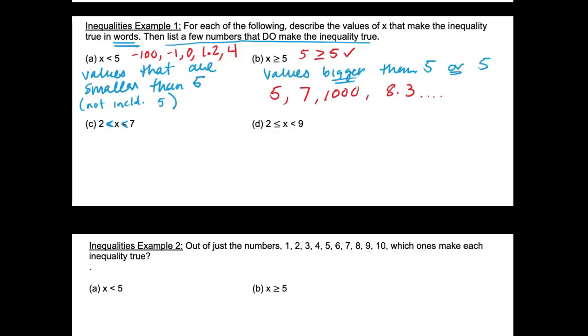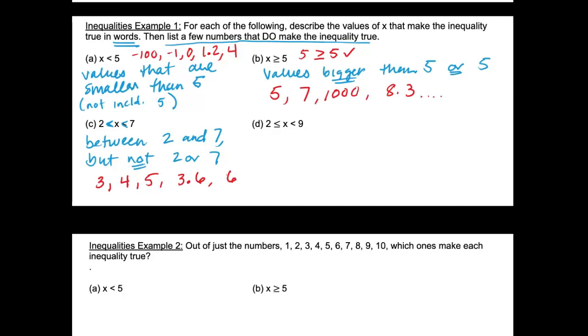So really what this means is it's between 2 and 7, and we're not including 2 and 7 because we don't have the line underneath the sign. So don't include, or we could say, but not 2 or 7. So any numbers that are just between, so numbers like 3 or 4 or 5 or 3.6 or 6, all of those numbers are between 2 and 7.